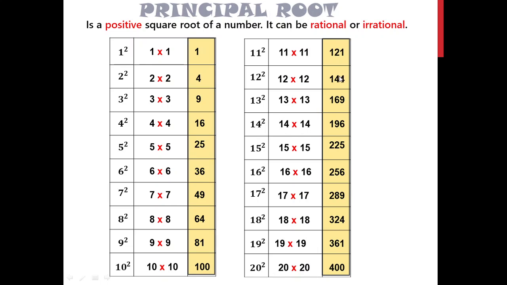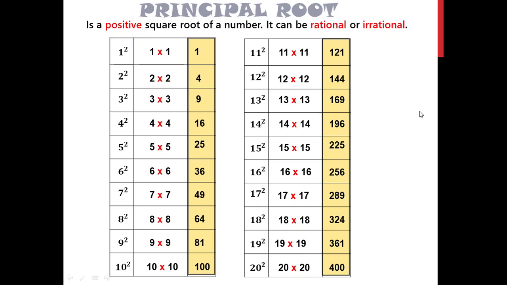The principal root of 144 is 12, and so on. Again, the principal root is the positive square root of the number. So if you try to get the square root of these perfect squares, then the answer will be one of the factors here.